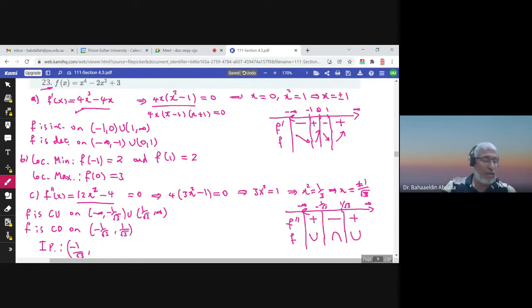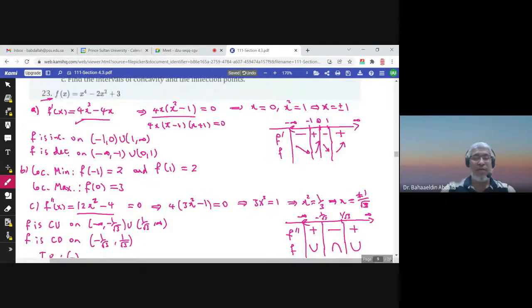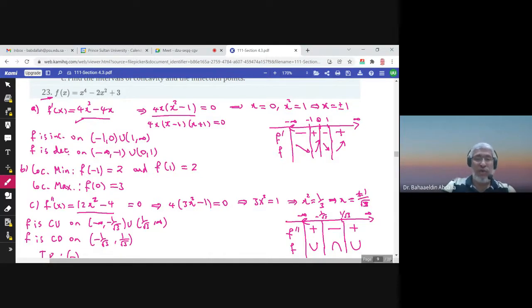And we can replace x in f by this number to the power 4 minus 2 times this number to the power 2 and plus 3. And the answer is 22 over 9.